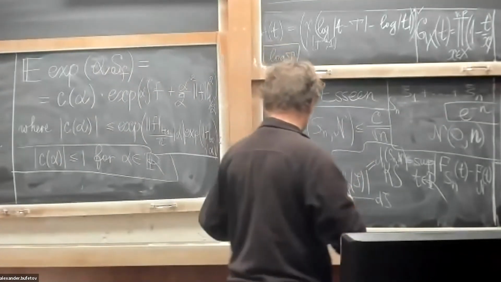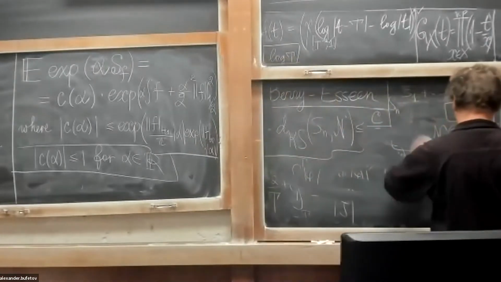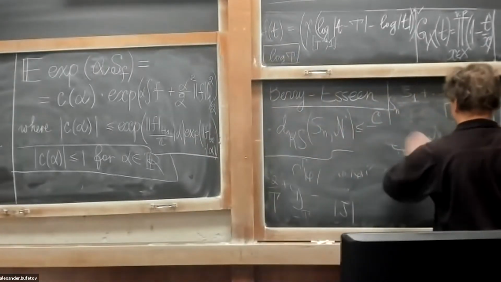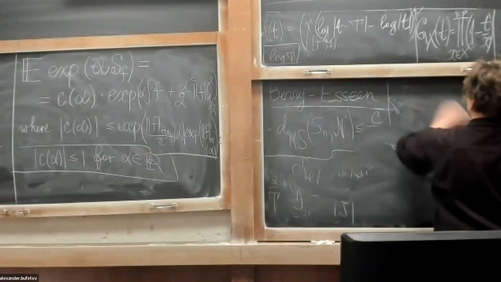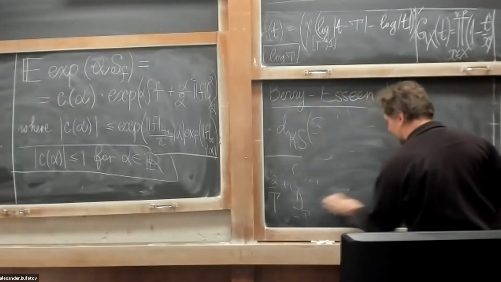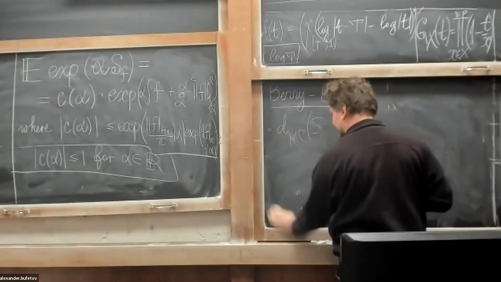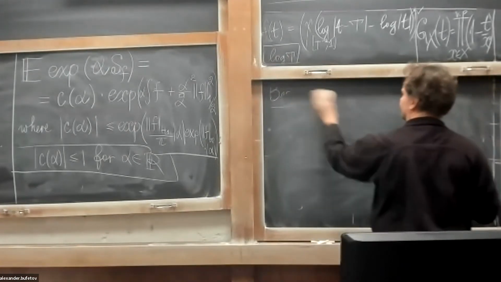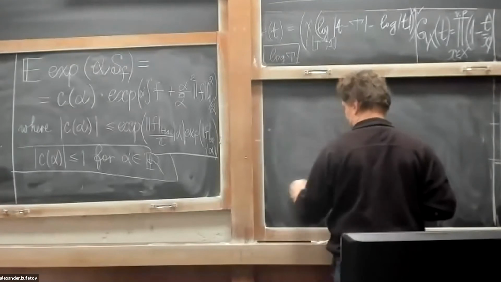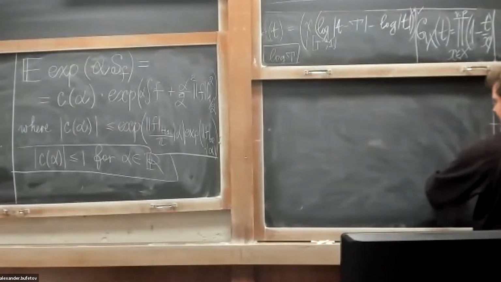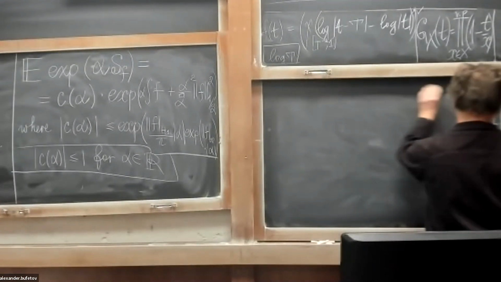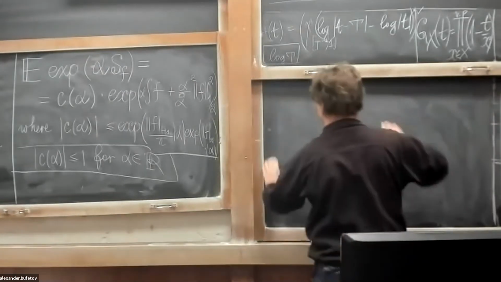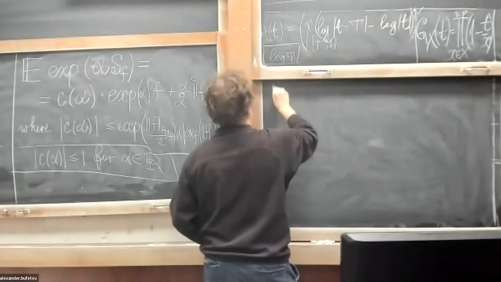Imagine, so now I write a modification of the Berry-Esseen. By the way, I'm absolutely sure that this modification must have been considered in the literature, probably by Berry and Esseen themselves, but I will be very grateful for a precise reference. So, a modification of the Berry-Esseen.